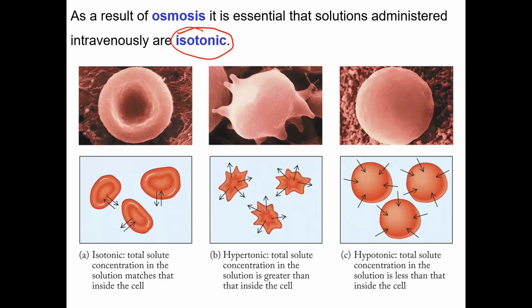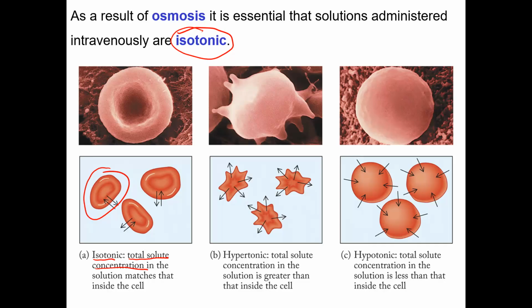So when we put something like a red blood cell in an isotonic solution, that is one where the solute concentration is matched to the solute concentration inside the cell, then the rate at which solvent, water, moves across the cell membrane is the same in both directions. That is, water does not rush out of the cell nor rush into the cell.